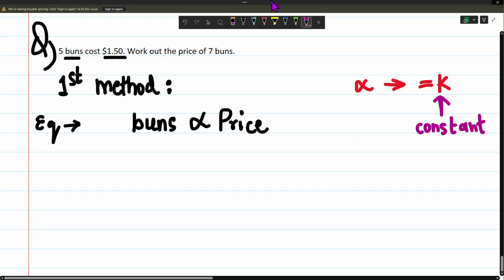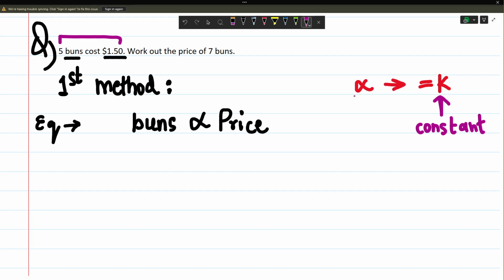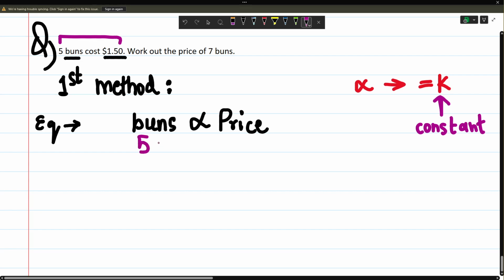So इसमें अब हम क्या करेंगे? जो फर्स्ट आपको हमेशा क्वेश्चन में देगा an example जिसकी वैल्यू ऑलरेडी आपके पास होगी. जैसे इसमें हमारे पास है 5 buns कॉस्ट $1.50. ठीक है. सो इसमें हम लिख देंगे 5 buns और प्रोपोर्शनलिटी साइन 150, राइट?